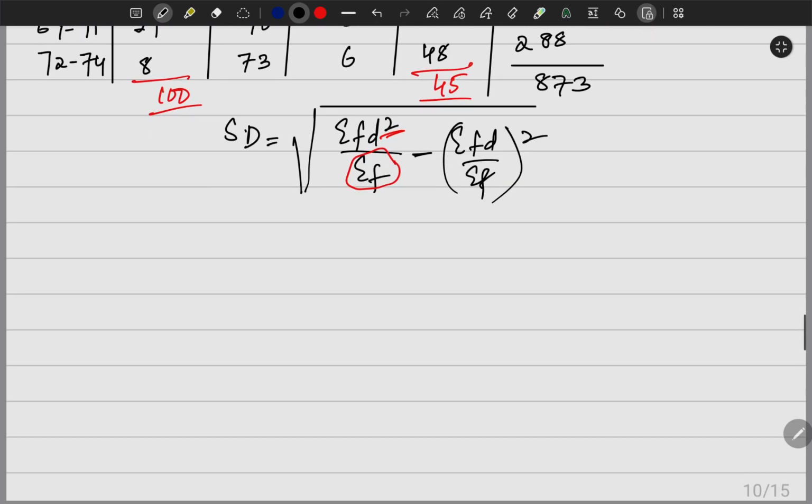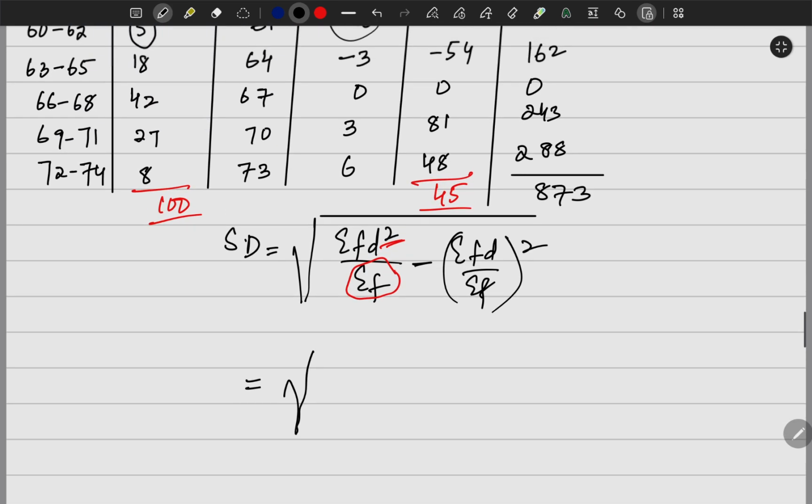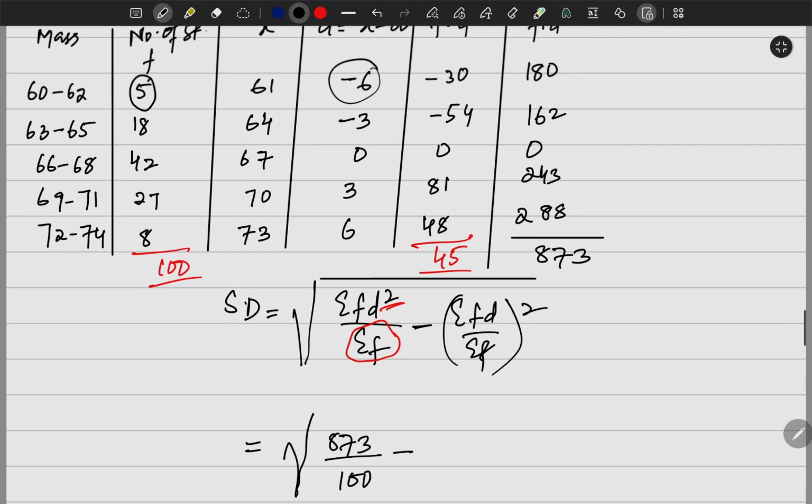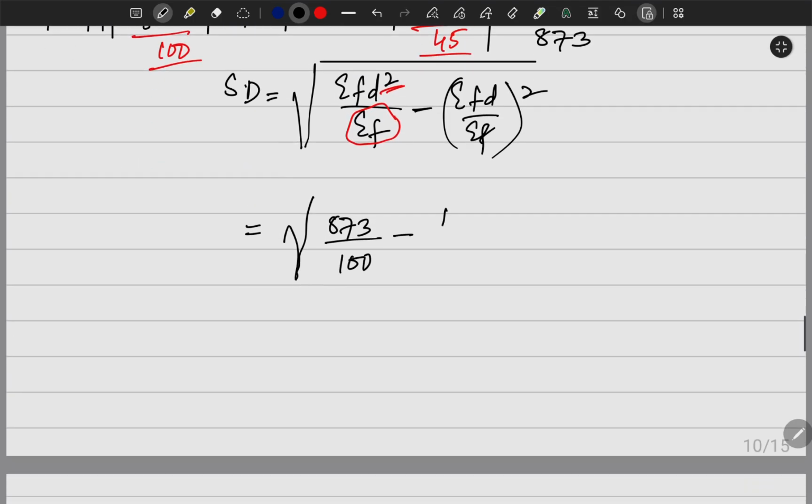Now put it in the formula. So square root of summation of fd square, that's 873 divided by sum of frequencies 100, minus summation of fd, that is 45 divided by 100, whole square.